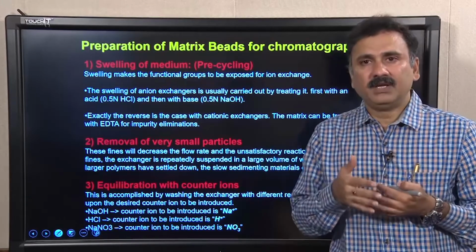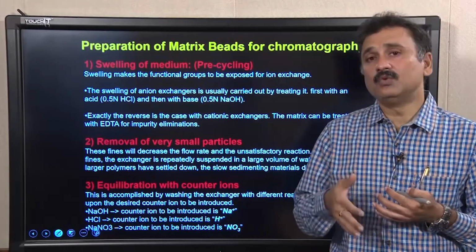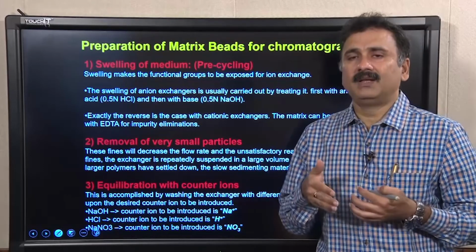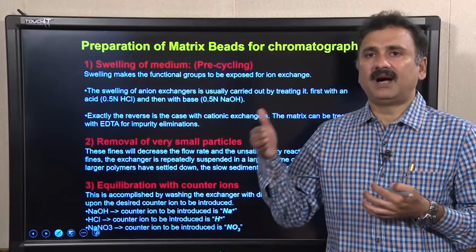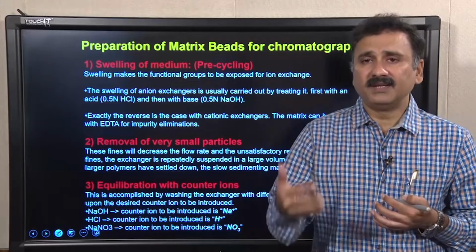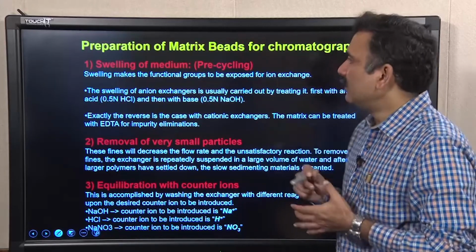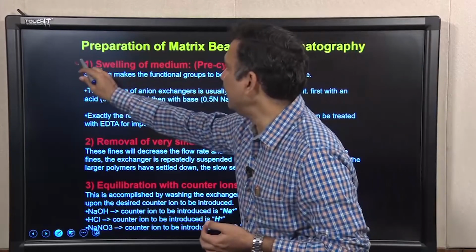For example, they do not require any pre-processing and always come in a ready-to-use mode, but in case some of these matrices are not in the ready-to-go mode, then you might have to process them to make them useful. Okay. So, what you are supposed to do, you have to do three activities.